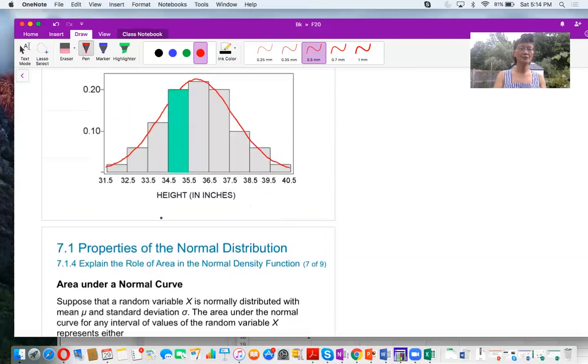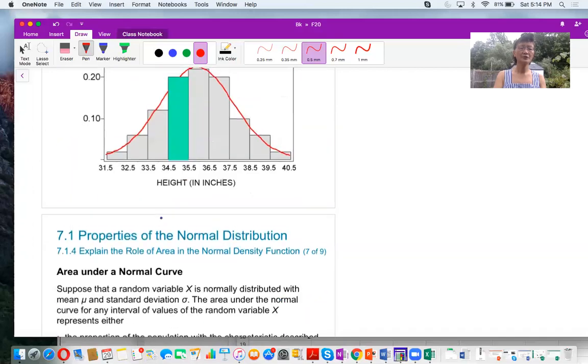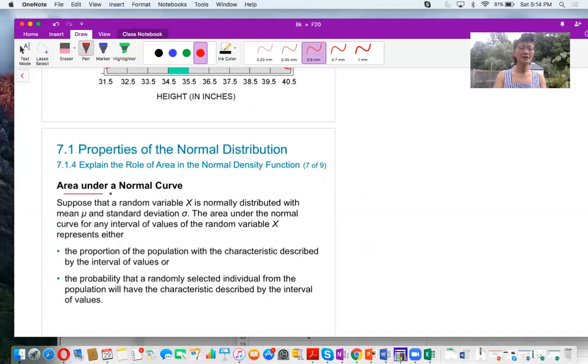This is the area under a normal curve. Suppose that a random variable x is normally distributed with mean mu and standard deviation sigma.